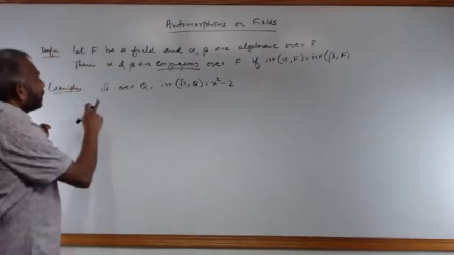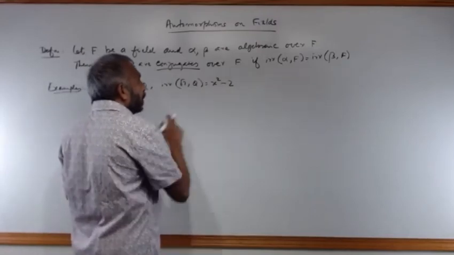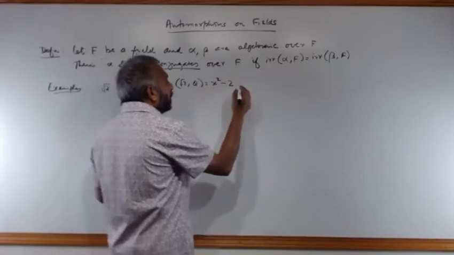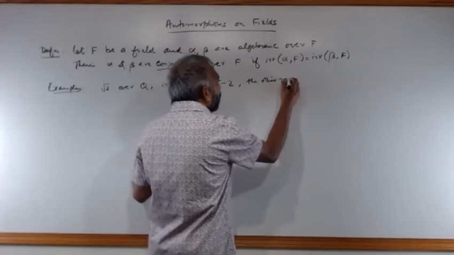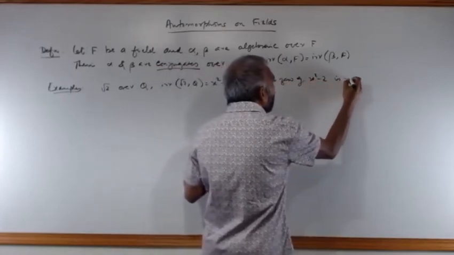So the other conjugate has to have the same irreducible polynomial. So what are the zeros of this polynomial? The other zero of x square minus 2 is minus root 2.